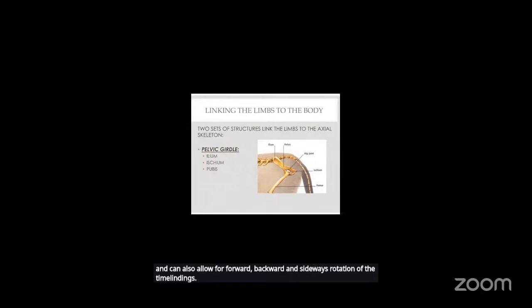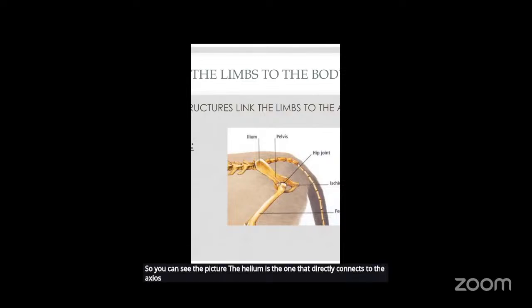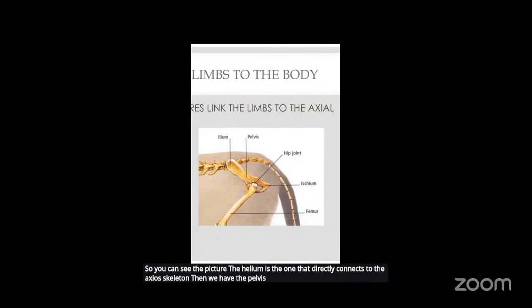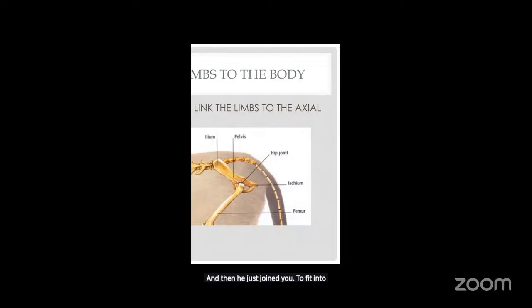The ilium is the one that directly connects to the axial skeleton. Then we have the pelvis, the ischium, and the hip joint. The hip joint is ball and socket, which allows the femoral bone to fit into the pelvic girdle.